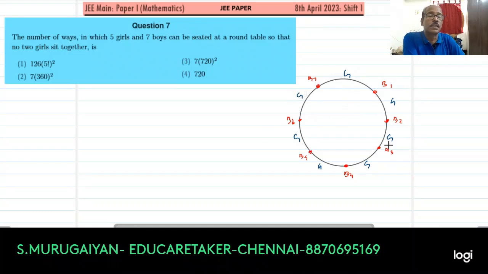Out of 7 possibilities, we have to select 5 seats for the 5 girls. As a first step, the 7 boys can be seated in a circular arrangement.